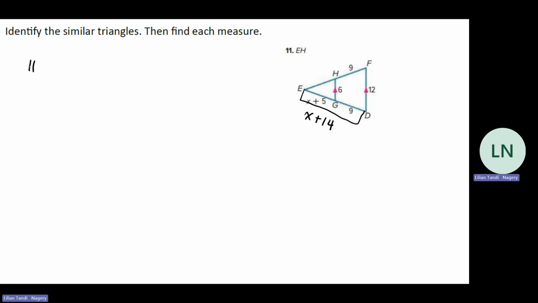So we'll have HG over DF is equal to EG over ED. So that will help us find x.